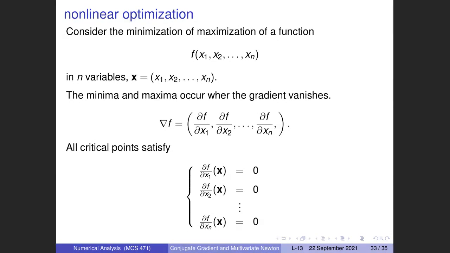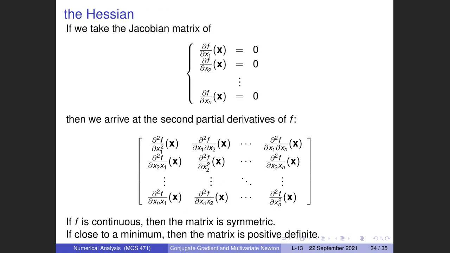The solutions of the gradient system satisfy the critical points, so the candidate minima or maxima. You can also have saddles, as you remember from multivariate calculus. So we're solving a nonlinear system to which we will apply Newton's method.